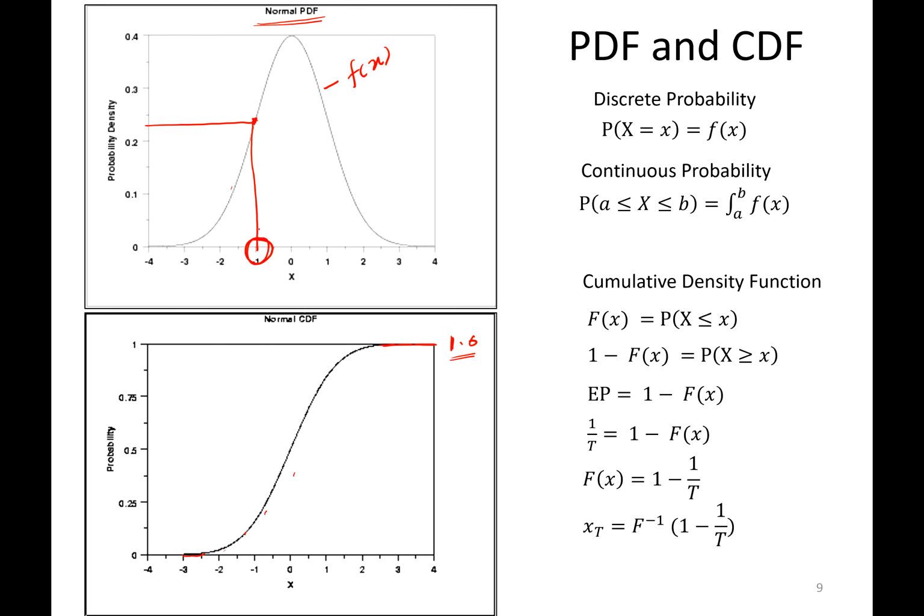That's why the expression you see here says the probability that a random variable X will take this small value x can be given by a point on this probability density function.